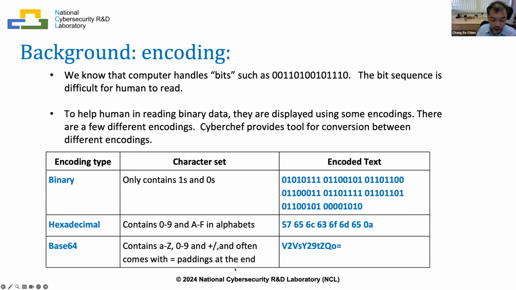Suppose we have the value 1, 0, 1, 0, this is interpreted as 10, right? So how do we represent 10? We represent it as A, right? 11 as B, 12 as C, and 15 as F. So we have this form.